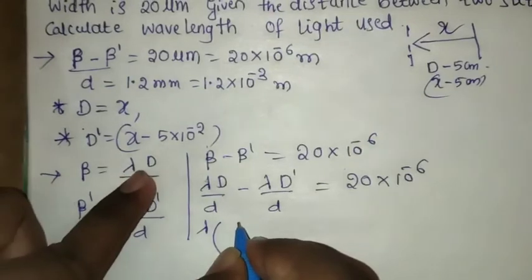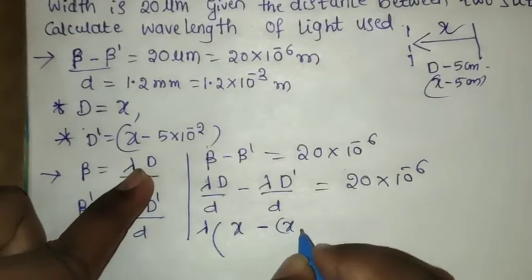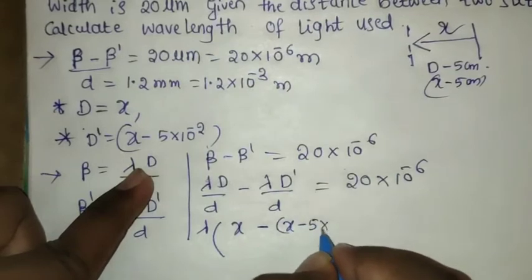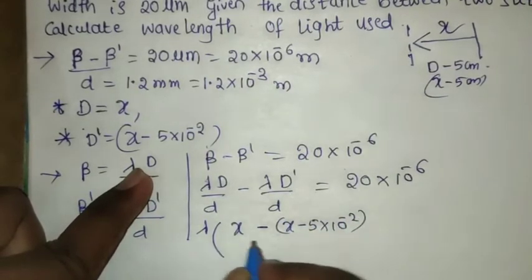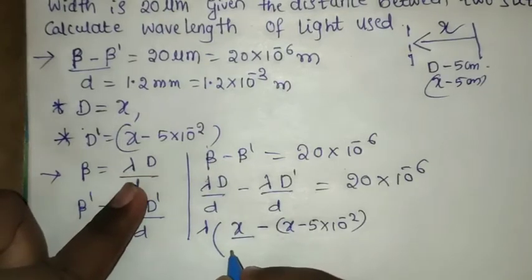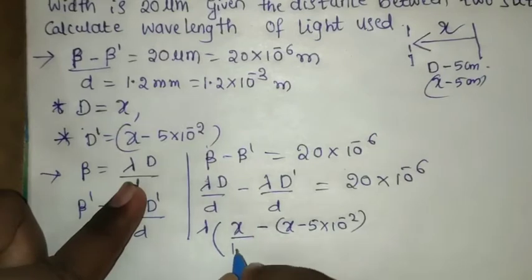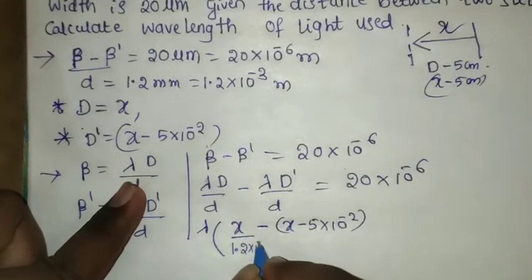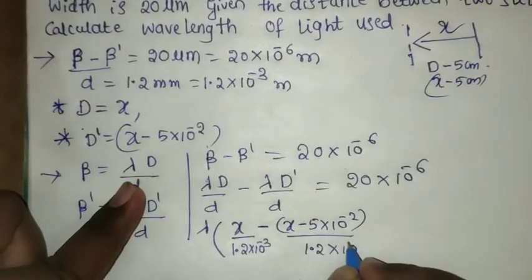D minus D dash is x minus the bracket x minus 5 into 10 to the power minus 2, and small d is 1.2 into 10 to the power minus 3. Both are the same, so 1.2 into 10 to the power minus 3 divided by 1.2 into 10 to the power minus 3.